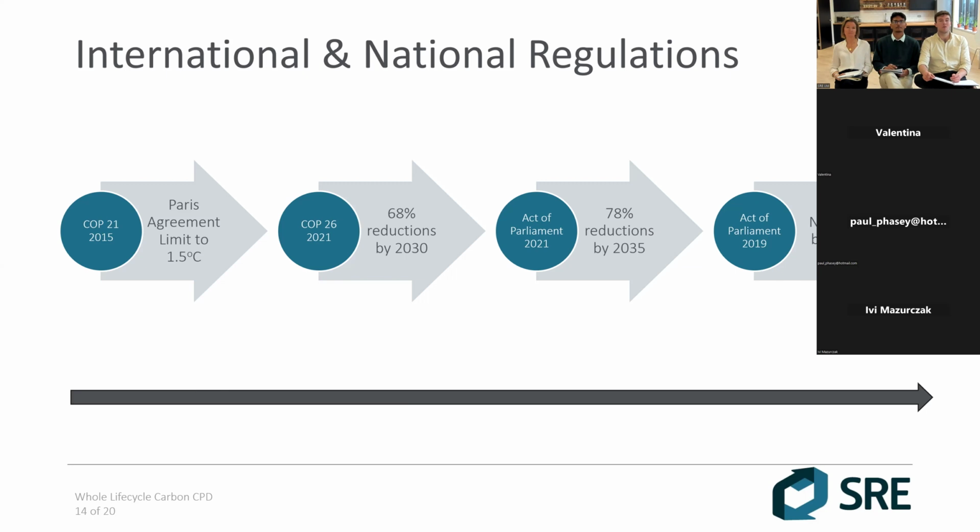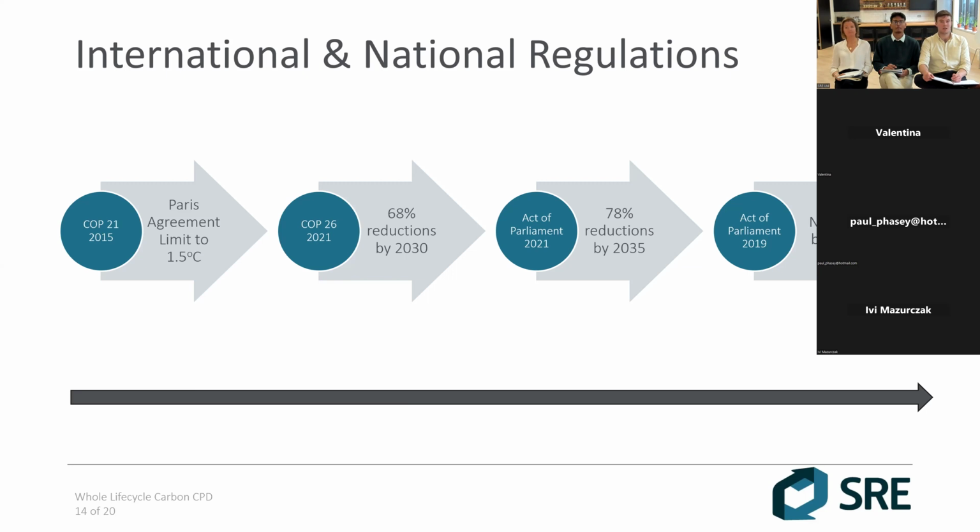Moving on from that, we had COP26, in 2021, more recently, and there was an agreement to try and limit carbon dioxide by a 68% reduction by 2030. So moving internationally to UK-based legislation as well, we had the Act of Parliament in 21. And this was an interim target.